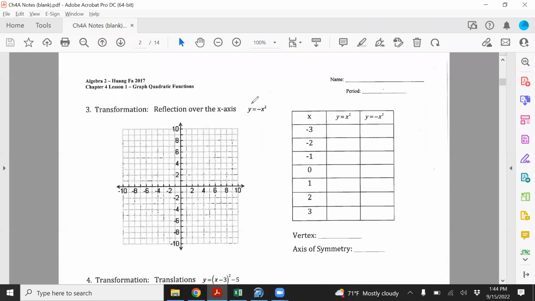Okay, let's look at another one here. What if I put a negative out in front? So in this case, and by the way, the one thing I forgot to mention, we call this the leading... Okay.